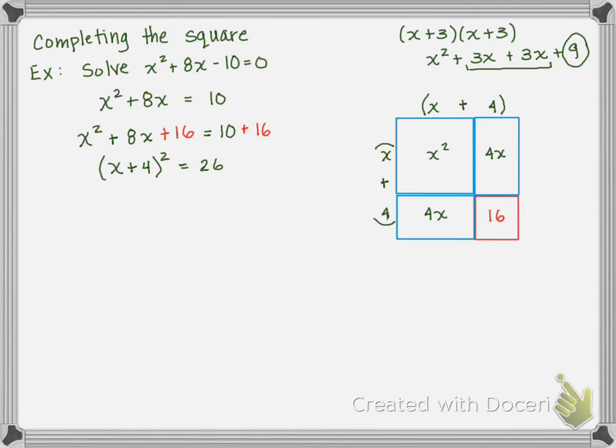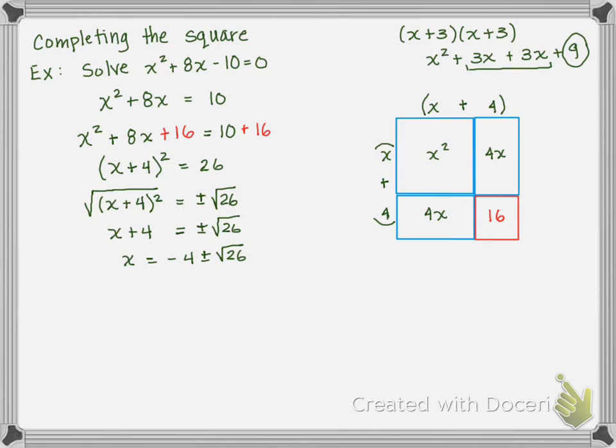And now we've got an equation in the form that we want it, so we can take the square root of both sides. Here's 26, so we have x plus 4 equals plus or minus the square root of 26. And x equals negative 4 plus or minus the square root of 26.